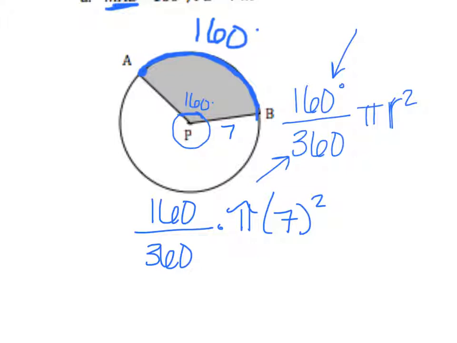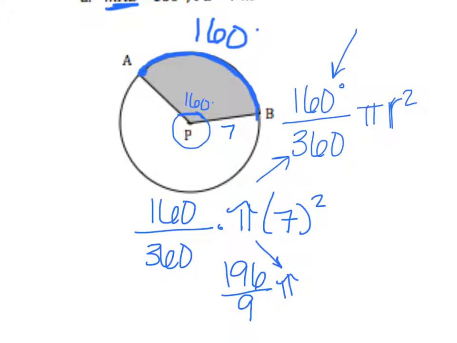You'll get a decimal that is 21.77777. Turn that into a fraction using your calculator, hit the math, enter button. You're going to get 196 over 9, and then you'll just bring down this pi here.